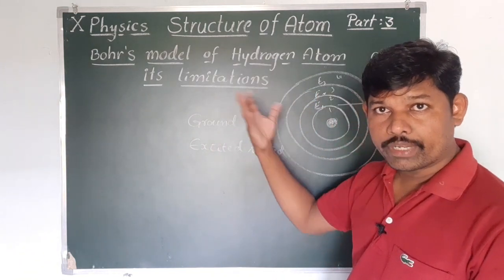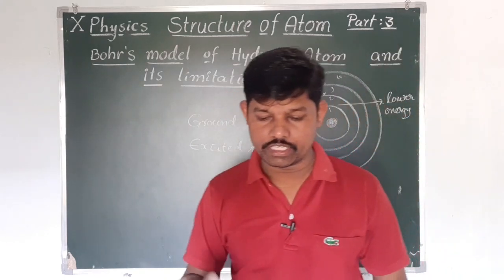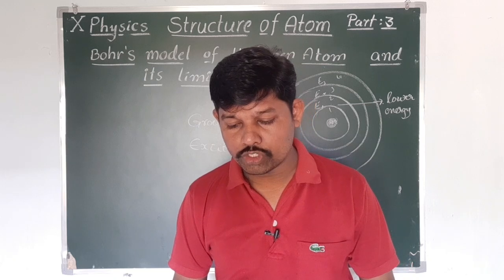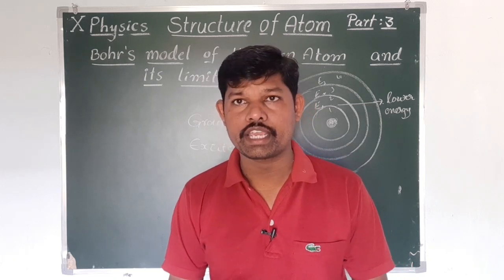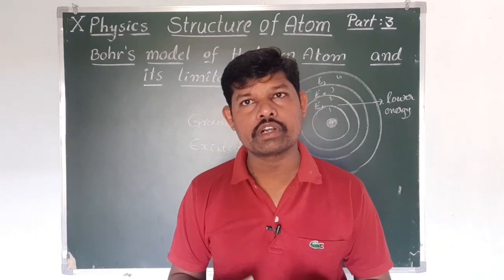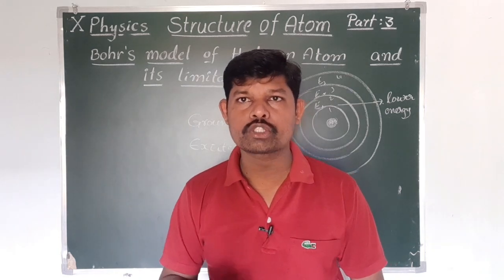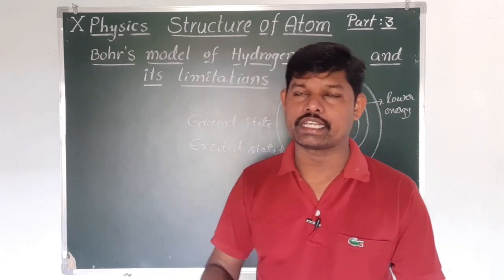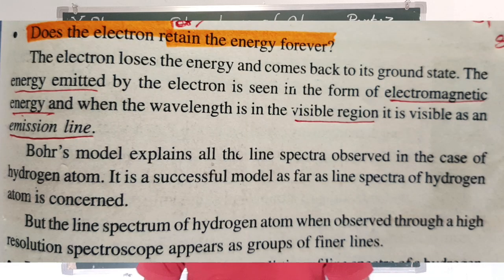After jumping into the excited state, what happens? Here one more question is there: does the electron retain the energy forever? Retain means, does the electron hold whatever energy it absorbed forever? No, it cannot hold that energy. It loses energy again. See the textbook once.